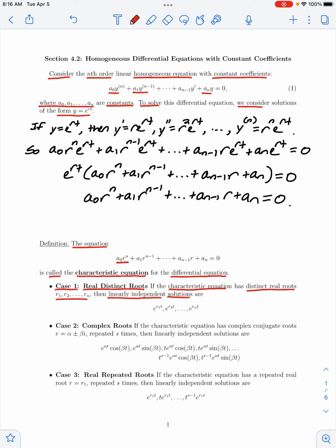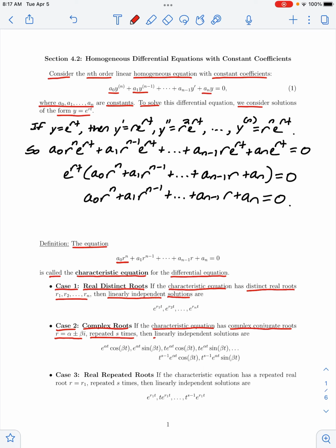Now our second case, case 2, is the case of complex roots. So if our characteristic equation has complex conjugate roots, let's say of the form alpha plus or minus beta i, which are repeated s times, so if we have a degree 4 or higher characteristic polynomial, we can have complex conjugate roots which may be repeated multiple times.